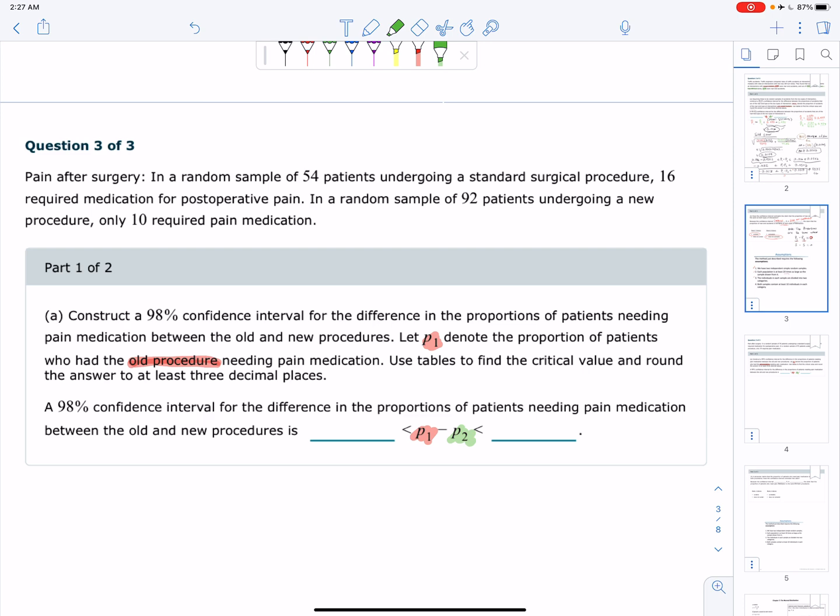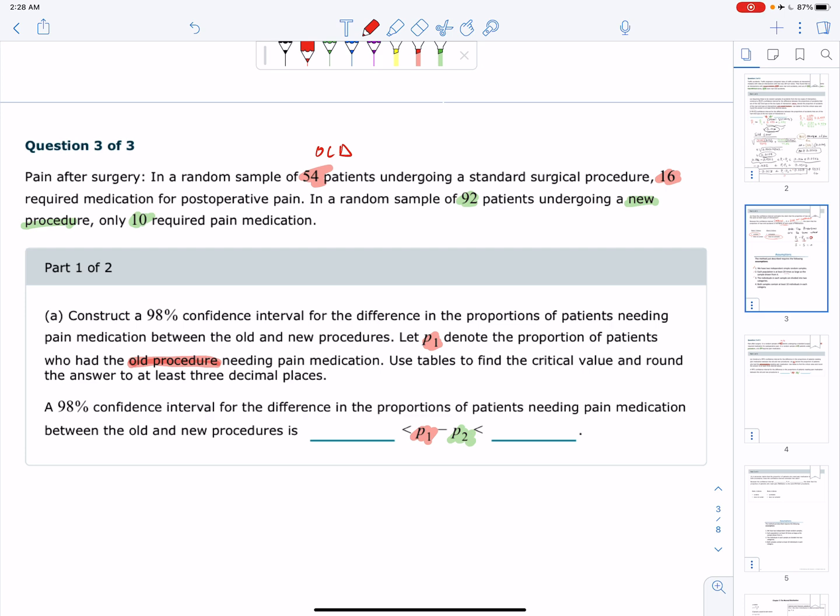They talk about new up here: in a random sample, 92 patients undergoing a new procedure, only 10 required pain medication. So if that's the new, and p sub 1 is the old, then the random sample of 54 patients undergoing a standard procedure, 16 required pain medication, must be the old. They didn't really say old here, but we had to do a little detective work to get that.